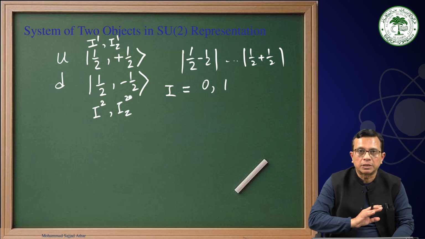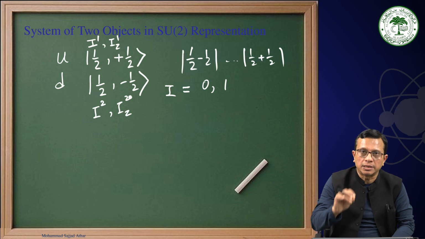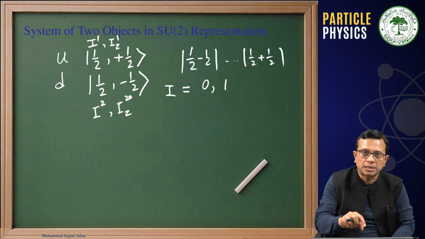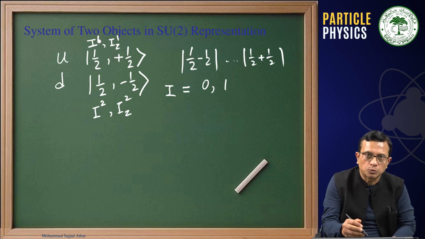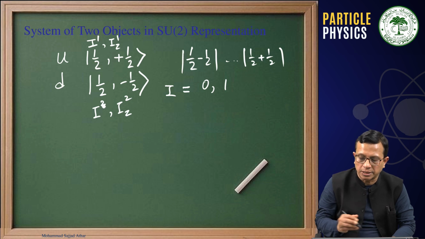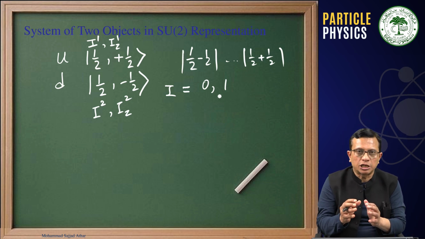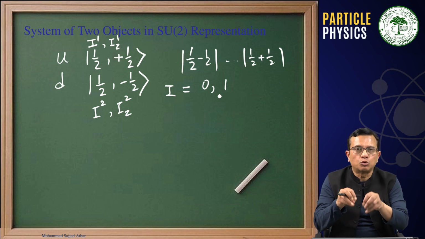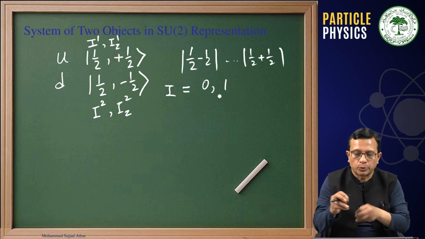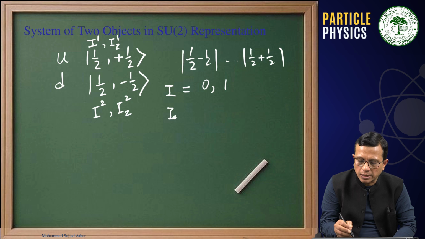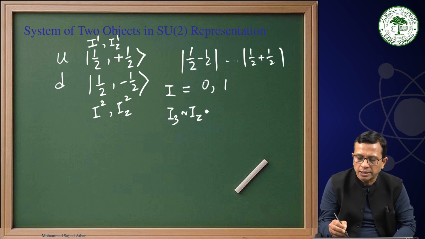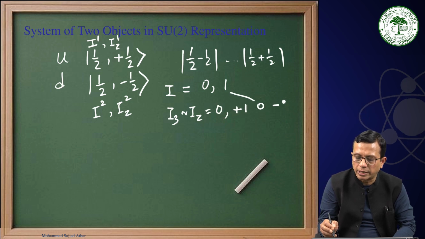Don't confuse it with a square; this is 2, as there are two objects. This is one object and this is another object, and therefore I is the total isotopic spin of the system where these two objects have been put together. And then I3 or Iz: for 0 the projection will be 0, for 1 the projection will be plus 1, 0 and minus 1.